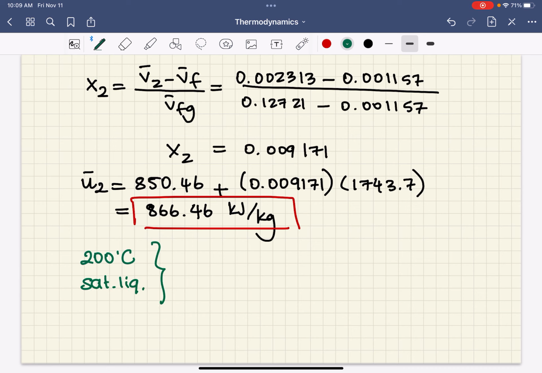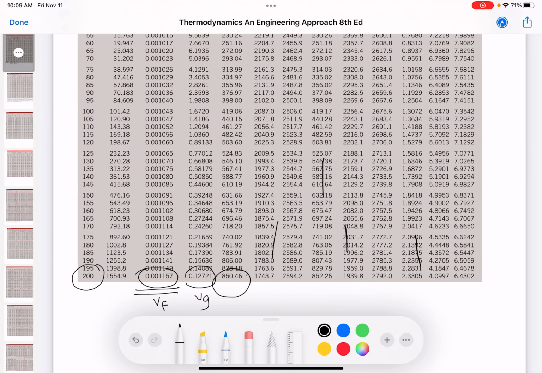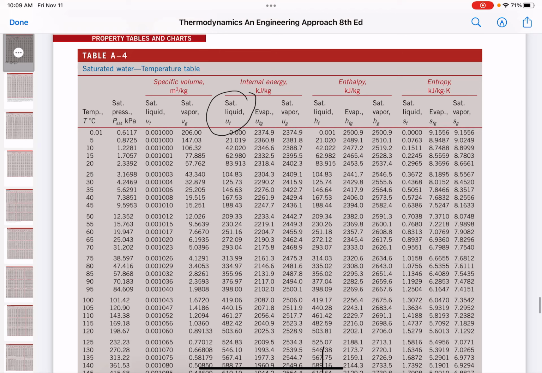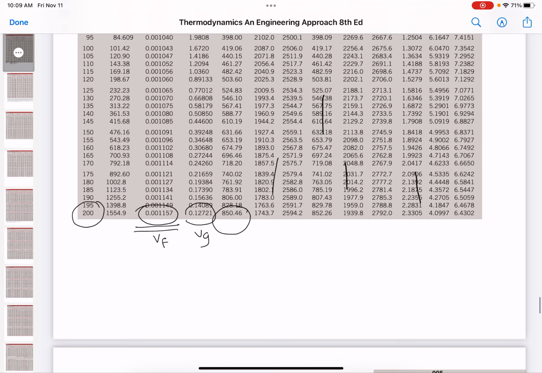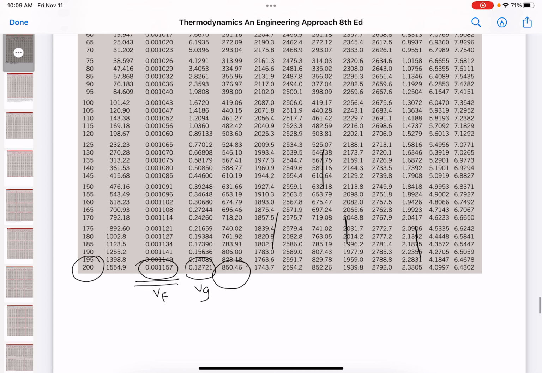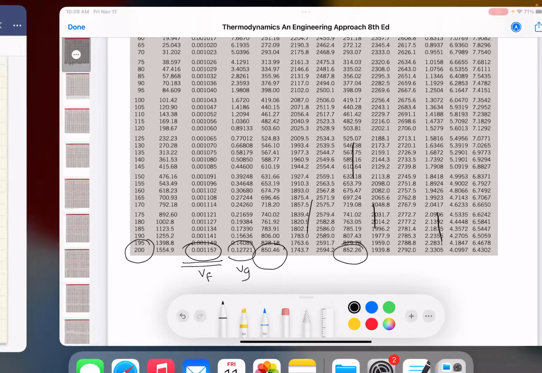For that, we can read the enthalpy of that exiting water from the exact same table. Okay, so right now we go to here and figure this out, go down. Let's see. Okay, you guys can see this is the exit enthalpy.